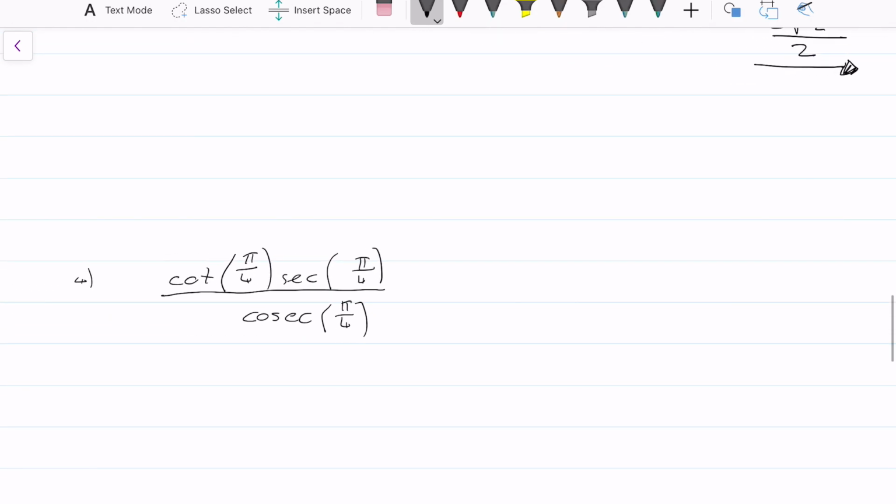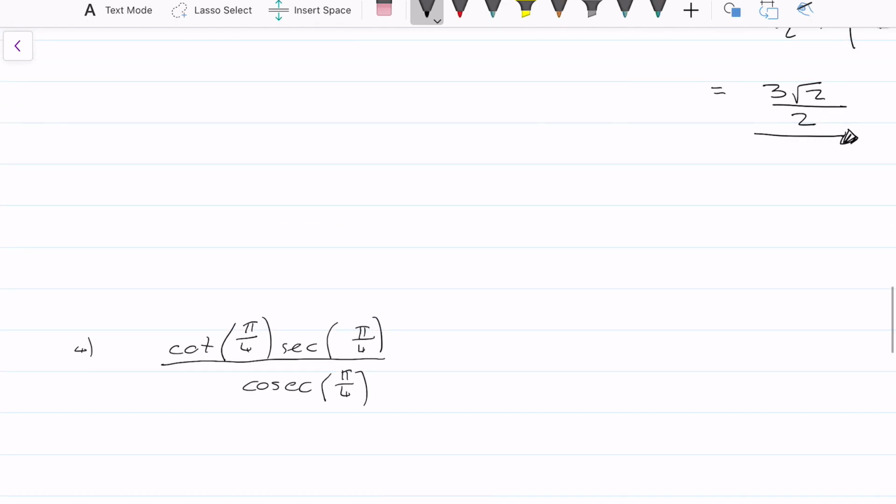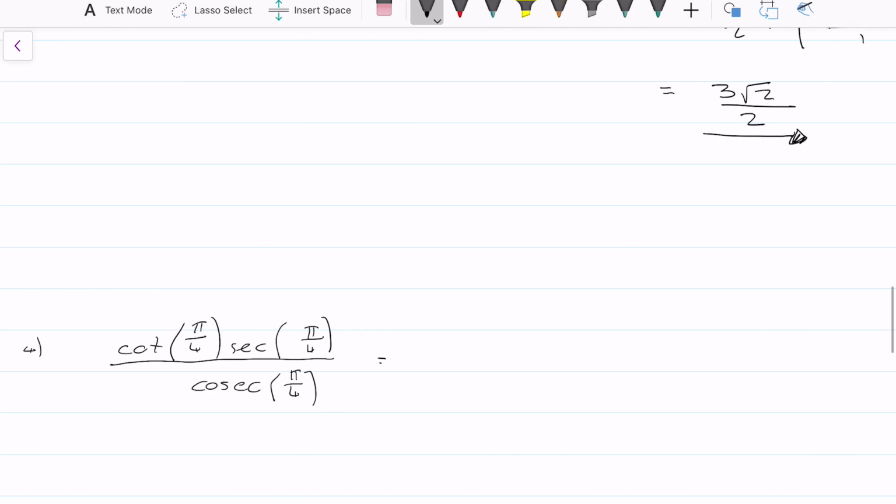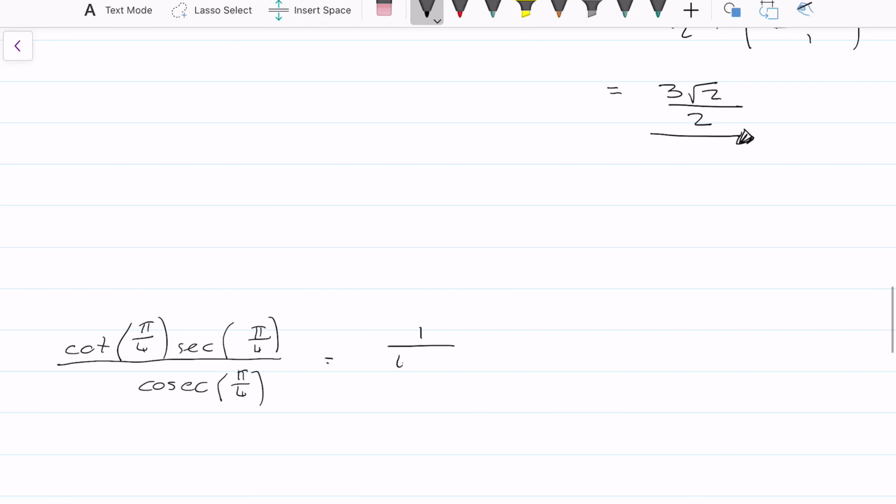Okay, looking at this last question. Again, I'm going to start by converting all of these into sine, cos, and tans. So we have 1 over tan pi over 4 times 1 over cos pi over 4 over 1 over sine pi over 4.